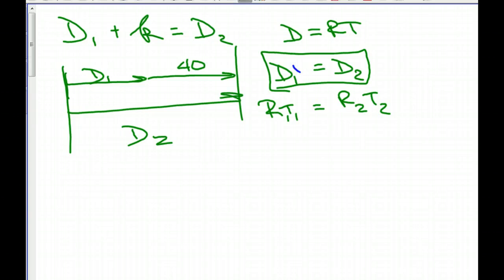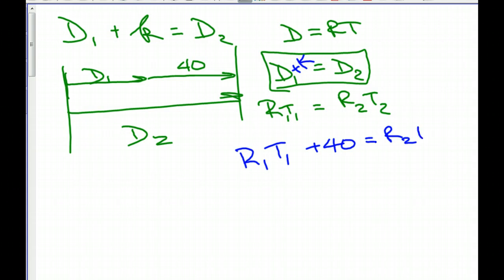We have D1 plus K. So now we have the distance, or RT, of the first person plus some random number, let's just say 40, equals the total distance of that second person. So the only thing we're doing differently in this is we're adding or subtracting a number from one of the distances in order to make them equal.